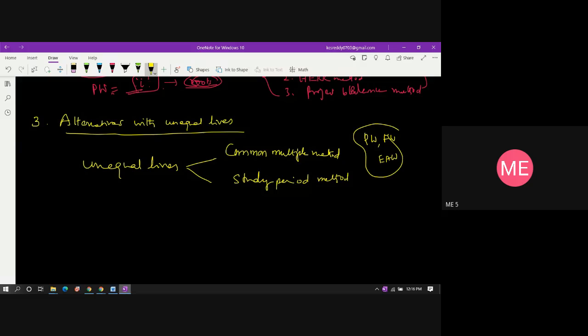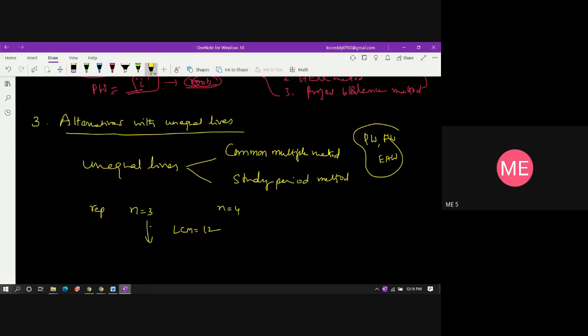Generally, we use the LCM method or common multiple method, which involves the business life cycles of alternatives being replicated many times. In the sense, say one has n equal to 3 and the other n equal to 4. To make the LCM, we have got 12.